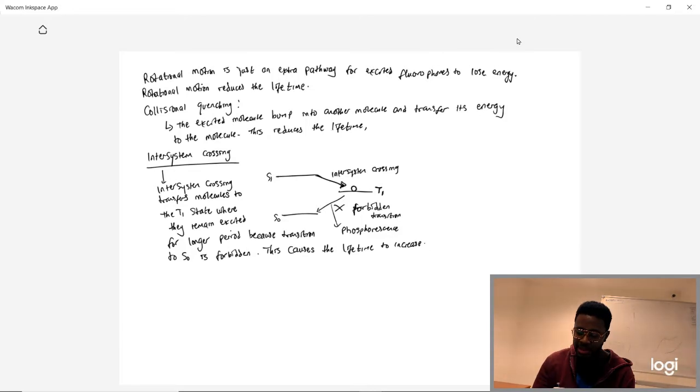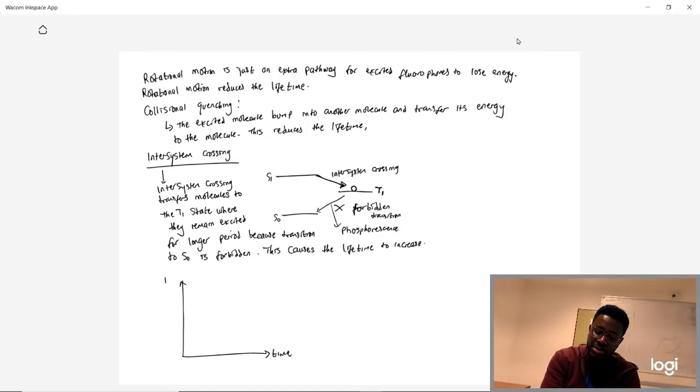Okay. Homogeneous system, it's not important. Heterogeneous system, it's not important. Fluorescence decay and radioactive decay. This shows you that fluorescence decay and radioactive decay go in the same fashion, a logarithmic fashion. This is the time, this is the number of excited molecules.